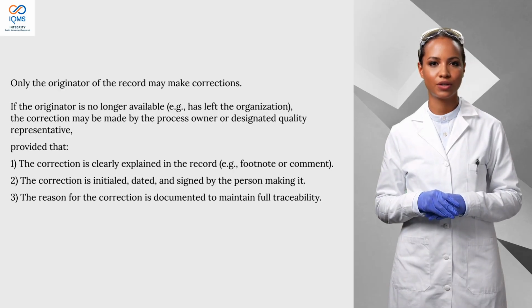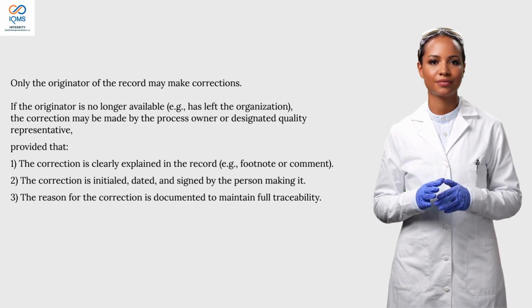The correction is clearly explained in the record, for example, footnote or comment. 2. The correction is initialed, dated, and signed by the person making it. 3. The reason for the correction is documented to maintain full traceability.